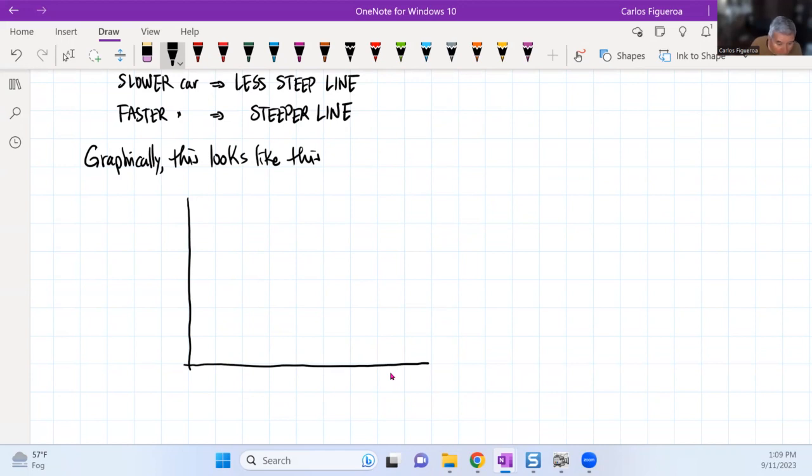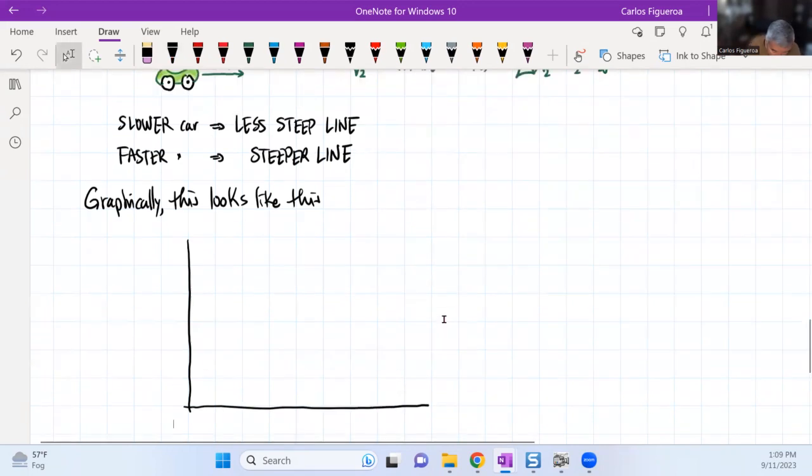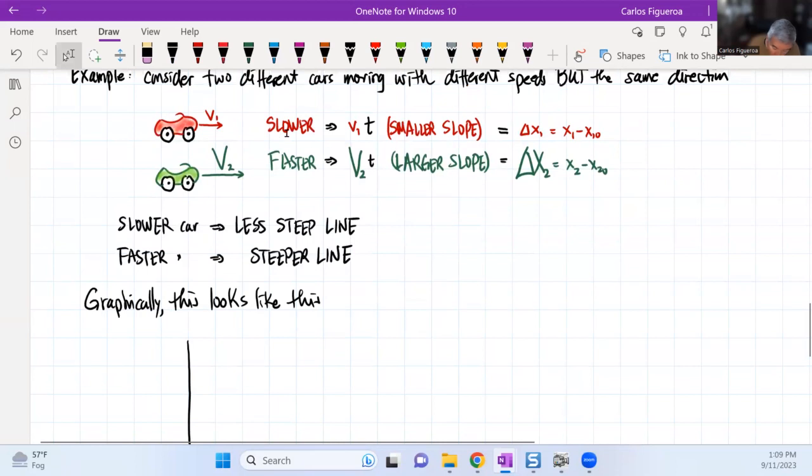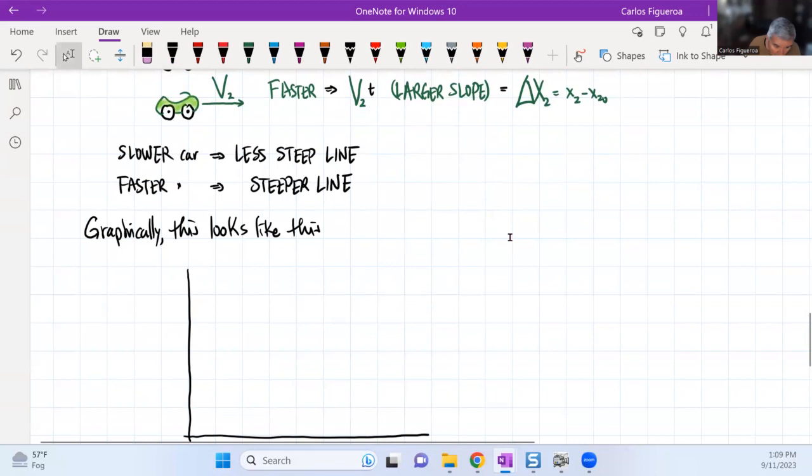Okay, so here we go. If I look at the slower car, the red, then I need a smaller slope. So I'm going to pick a point here and call that my initial point x1 naught.